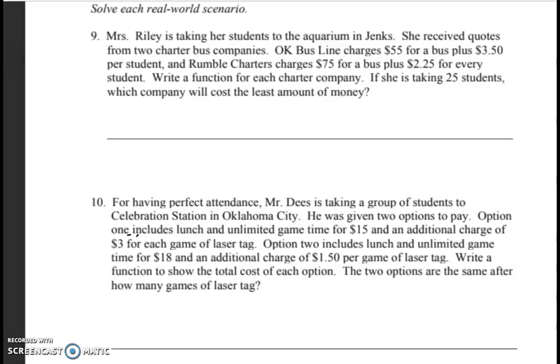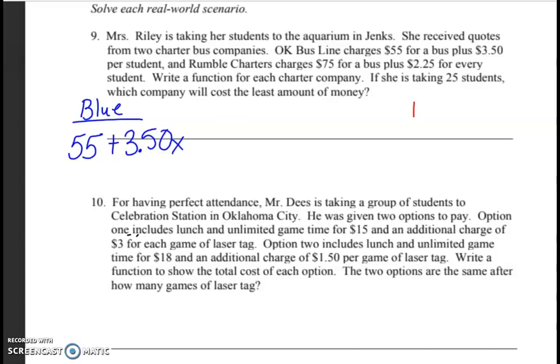This one's similar. It says, Mrs. Riley is taking her students to the aquarium in Jenks. She received quotes from 2 charter bus companies. Oklahoma Blue Line charges $55. So here's our blue line. They charge $55 for a bus plus $3.50 for every student.